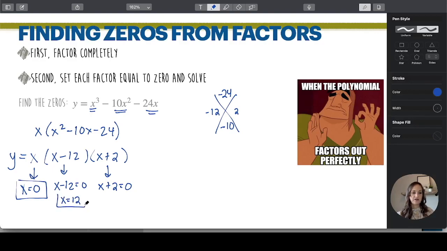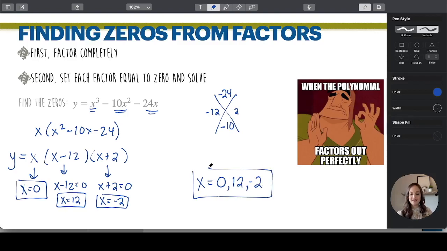We have 12 because you would add 12 to both sides. And we would have negative 2 because you would subtract 2 on both sides. So you would write that the zeros are 0, 12, and negative 2 as your final answer.